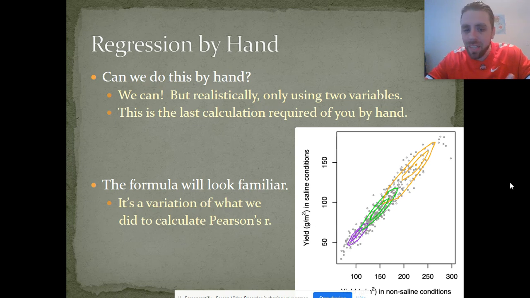What we're doing here is just a variation of the bivariate correlation equation, but we're going to need a different equation to account for the fact that we're trying to do something a little different here. We want the magnitude of the effect, not just the strength of the relationship.